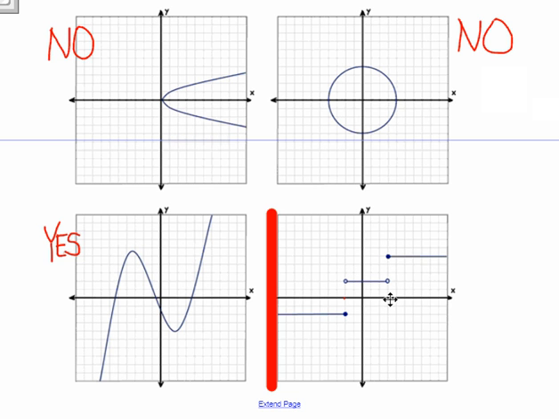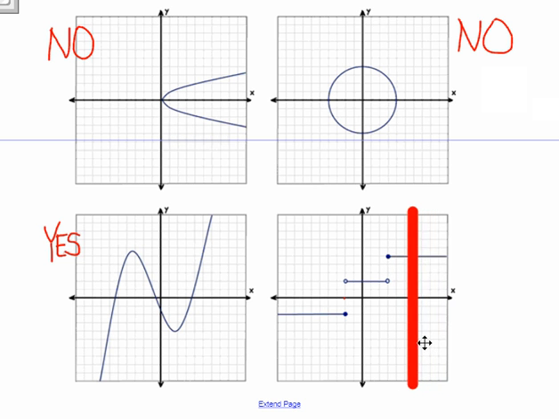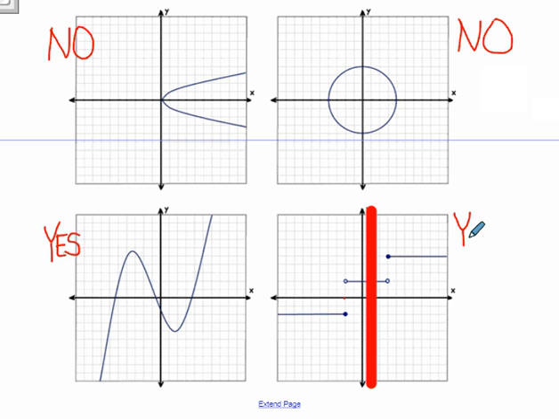When I'm at x equals 3, I'm not hitting here, but I am hitting here, which means I'm only ever hitting one spot on a blue line, no matter where I hold my pencil. So this one is a function because no place am I going to hit my graph twice. So yes, this is a function.